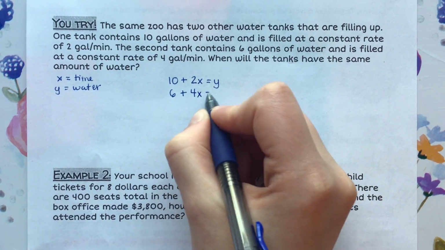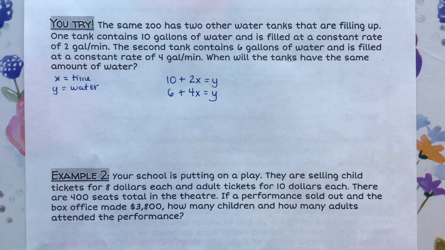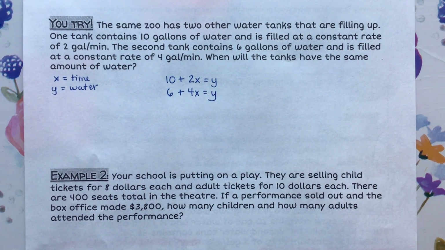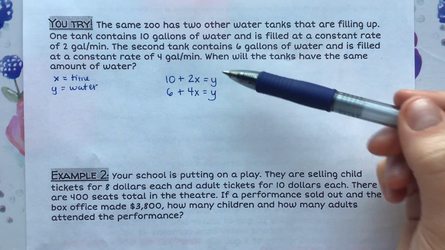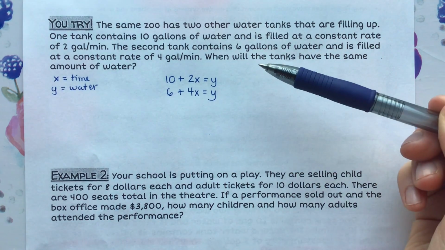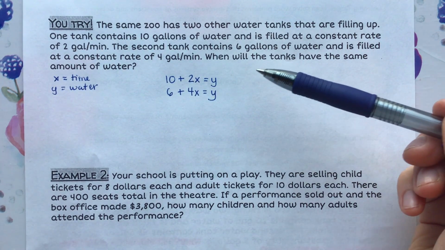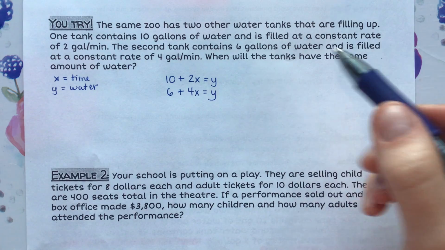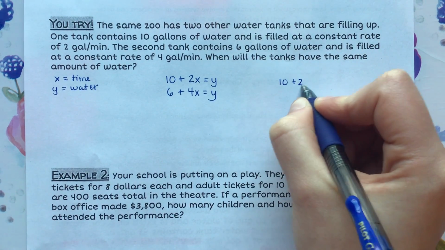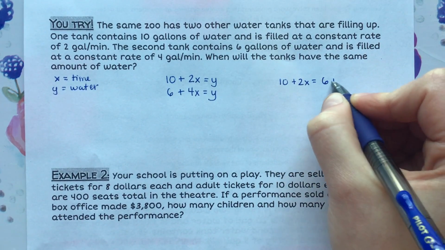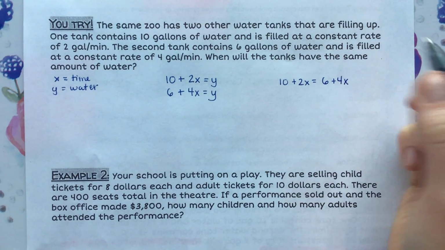So 6 plus 4x equals y. Now, both of the equations are already solved for y, so I'm going to use substitution again by setting these equal to each other. So I'm going to say 10 plus 2x is equal to 6 plus 4x.